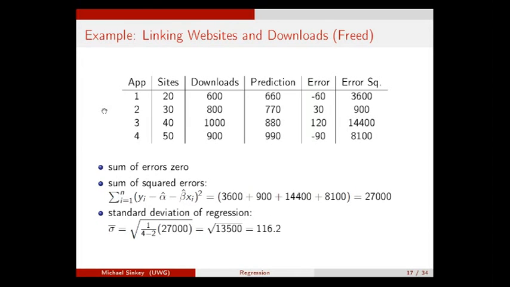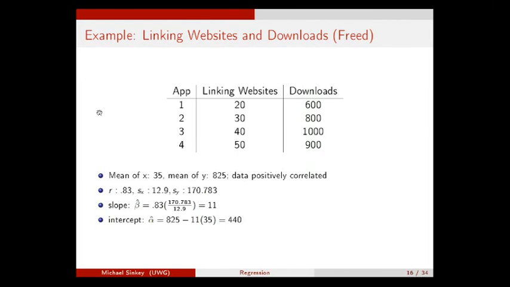So how do I find the errors on these slides? Here's what I'm going to do. Let's say I want to make a prediction. The line is y hat is equal to 440 plus 11x. When x is 20, I take 20 times 11, which is 220, plus 440.